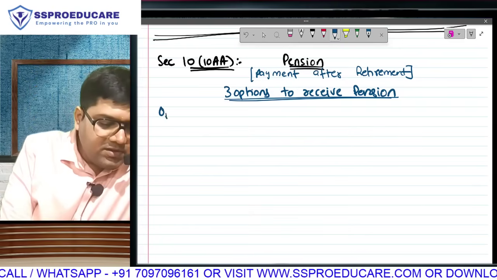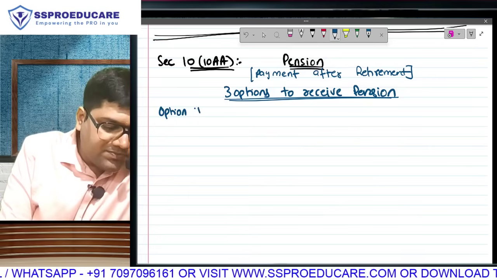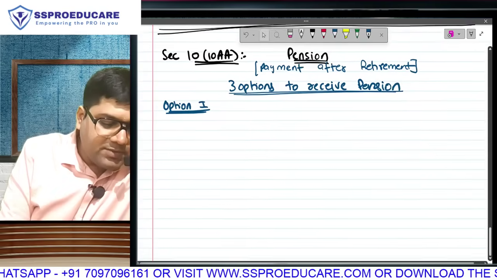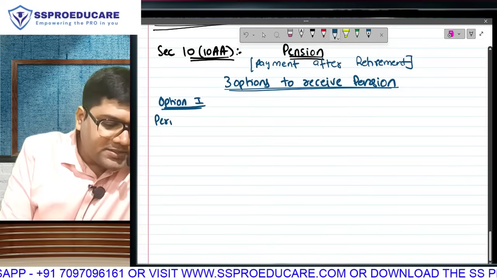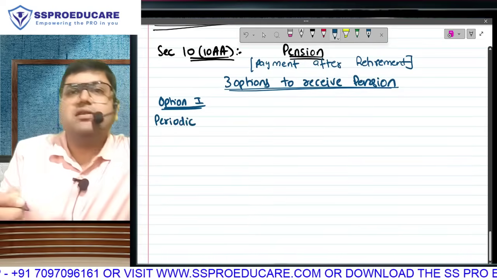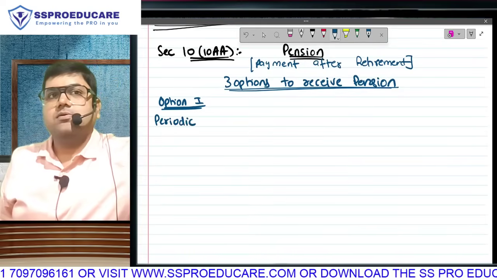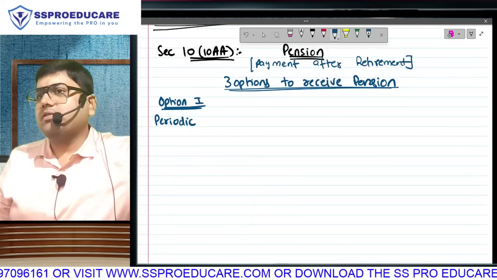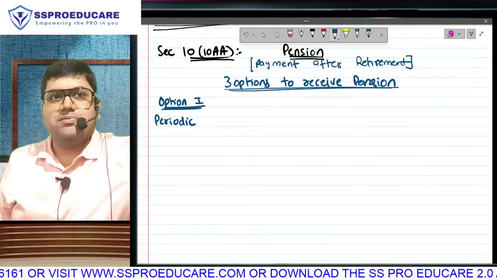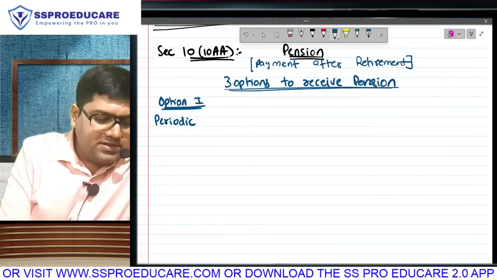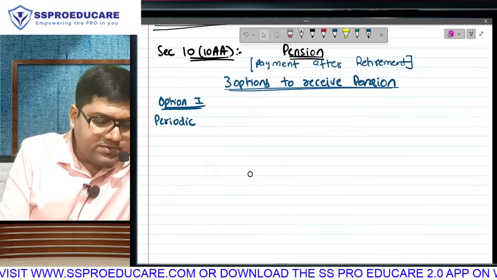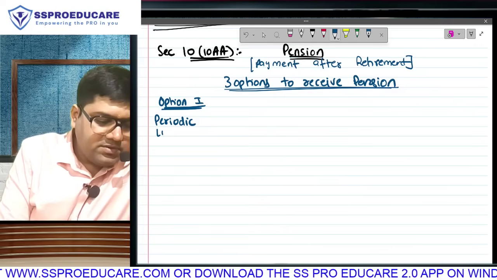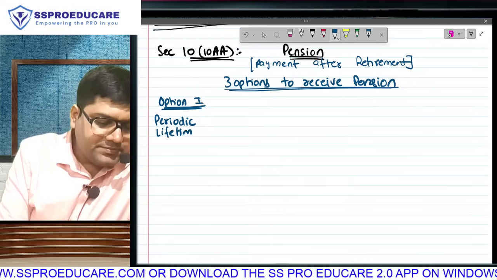Option 1, your employer can give you something called periodic pension. Example, every month he will give you some amount. You have retired, every month he will give you some amount, and obviously he will have to give you this for lifetime.